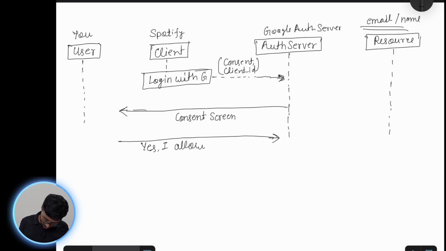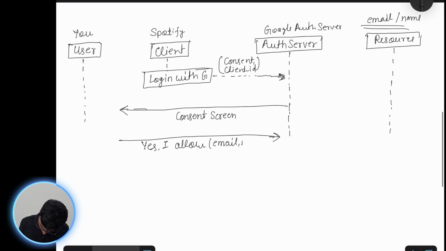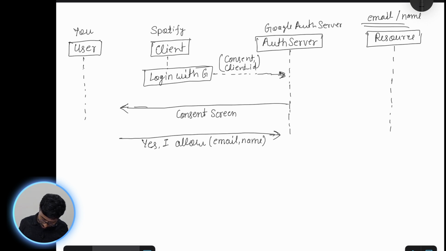So here the user will get the option to select resources, like email and name. Now the Google auth server will know that the user has provided access. The user has provided consent to share a token that can be used by Spotify to access this resource.